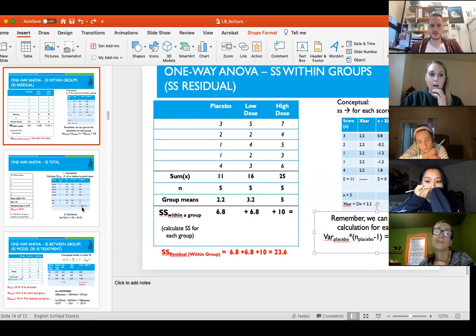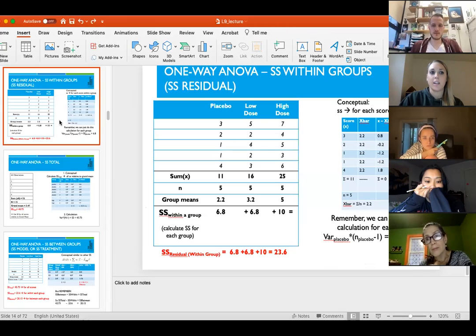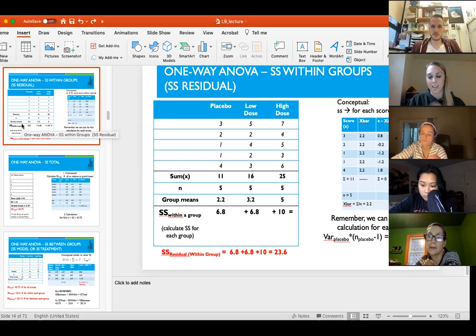It depends on how big your sample size is. If you have like 30, 31, and 32 in your groups, that's not that bad of a problem. Here, if you had 5, 10, and 15, that's a problem, right? Because one group is contributing way more to the data than the other group.